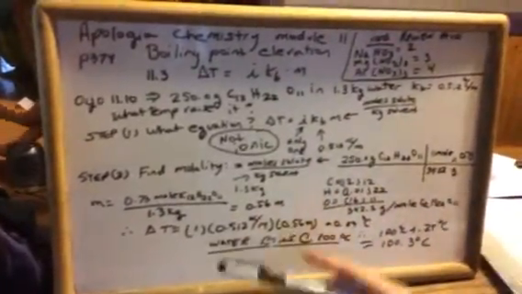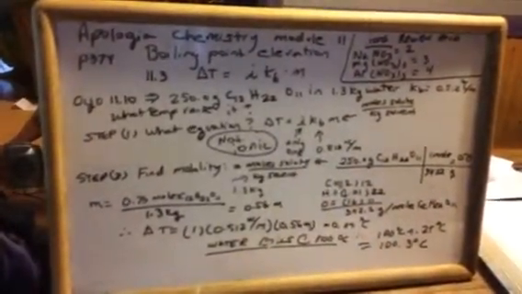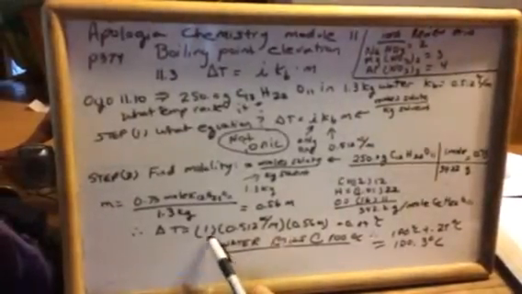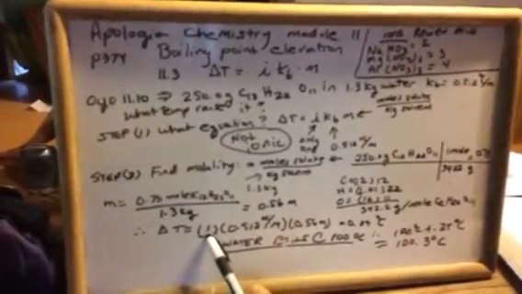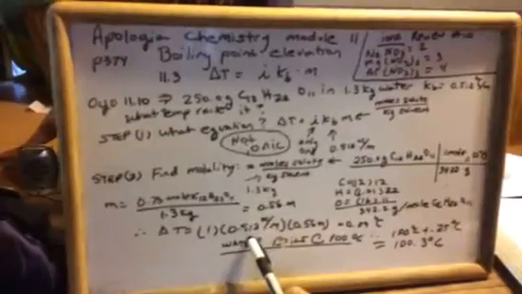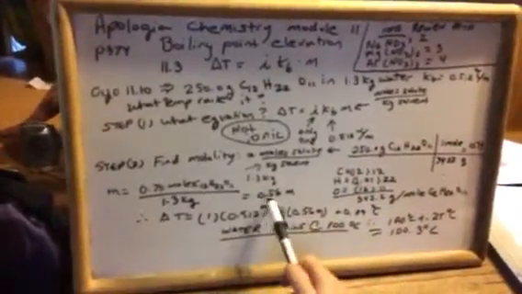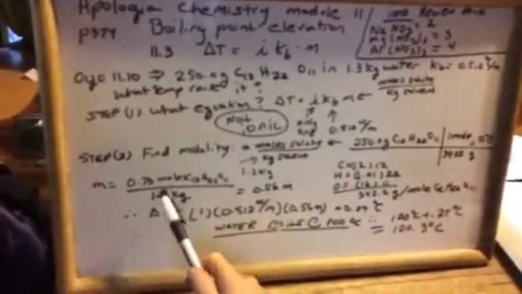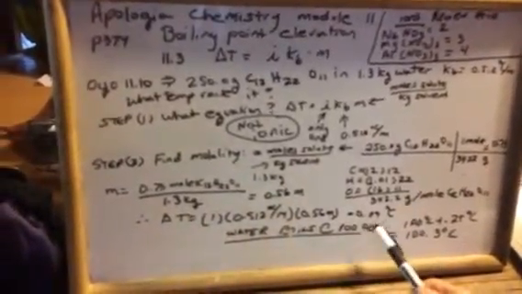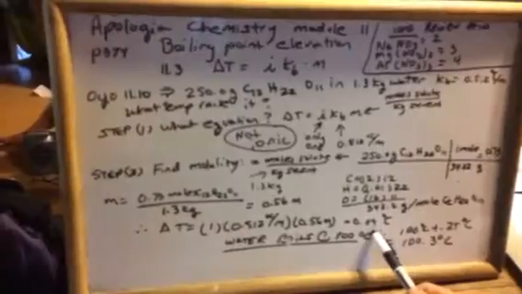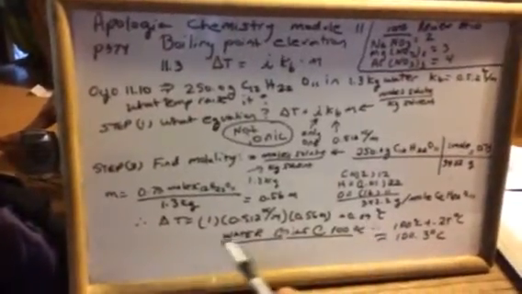Now we plug all that into our delta T, 11.3, and we find that 1, that's the number of ions, I, times 0.512, which is the Kb, which is given to you, times 0.56, which is the molality that we found by dividing the moles by the kilograms. And the answer to that is 0.29 degrees C when we multiply that out.